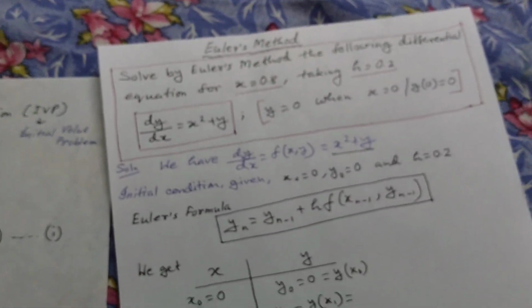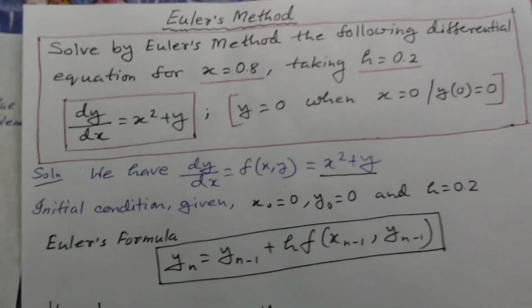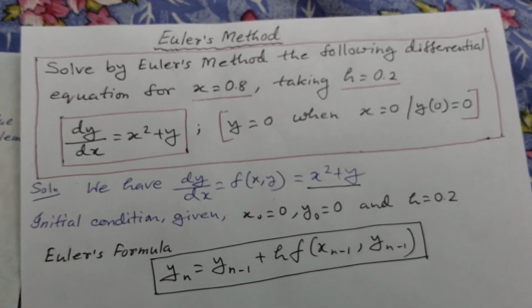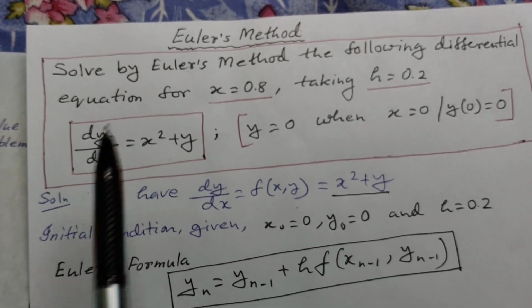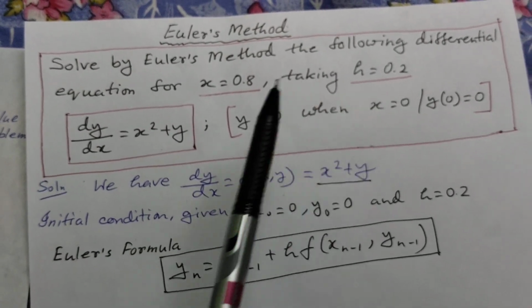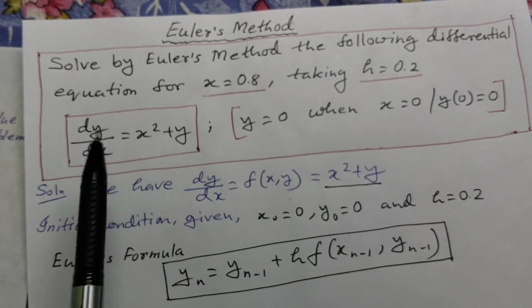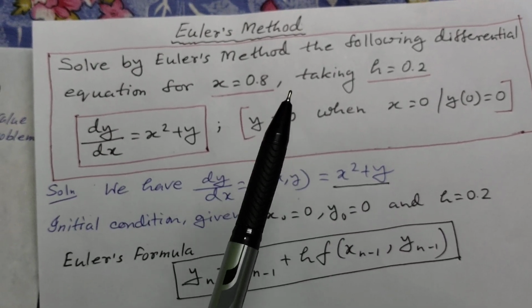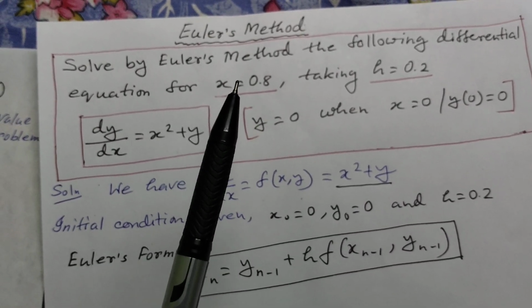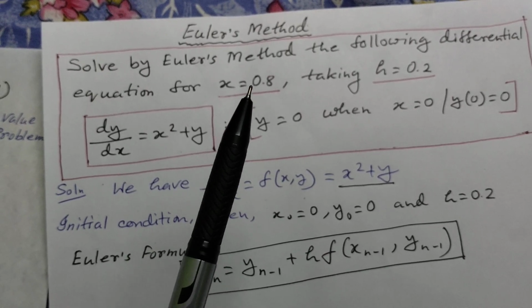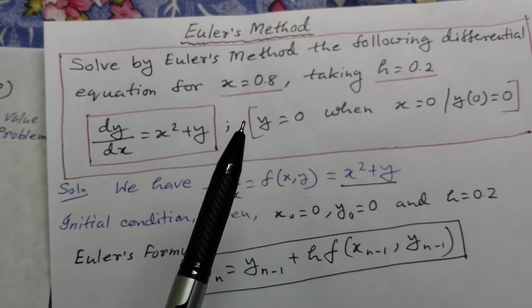Now coming to the example directly, you can understand it properly. Solve by Euler's method the following differential equation for x = 0.8, that is the value for which we will find the value of y, right?